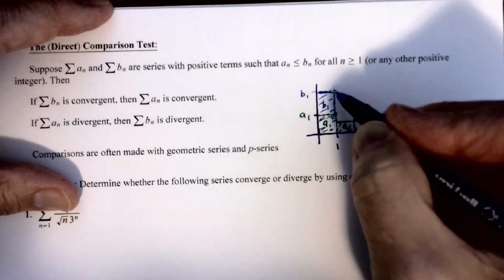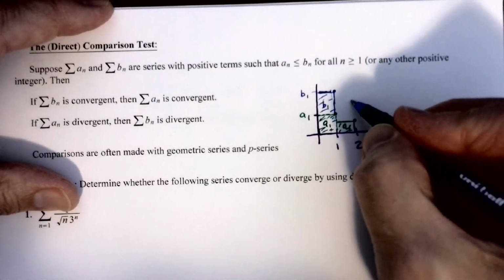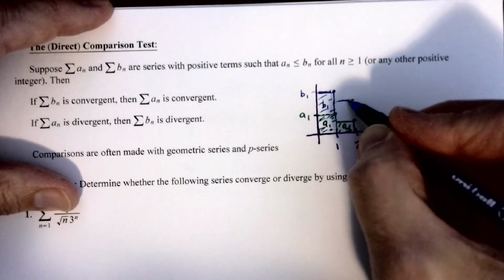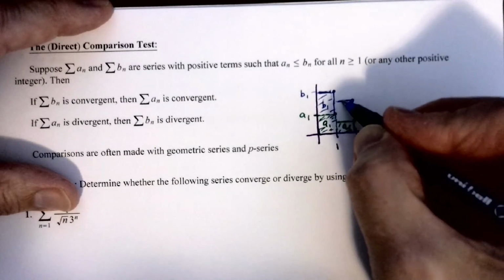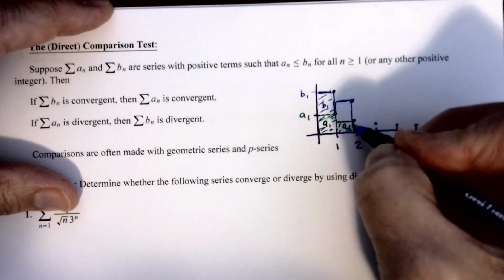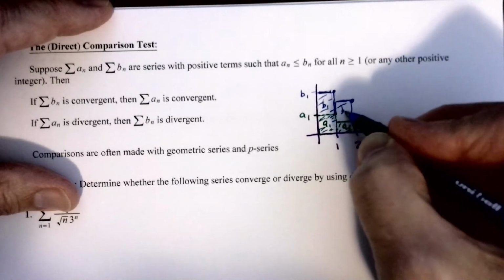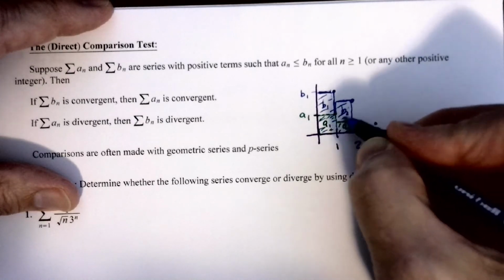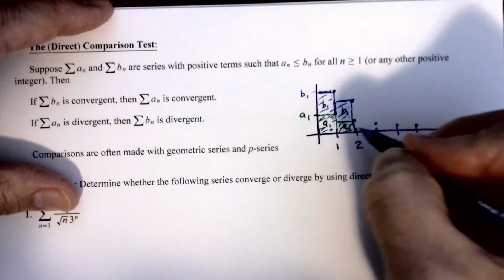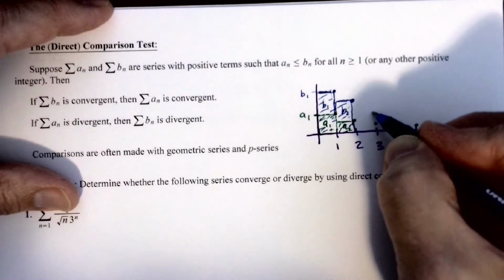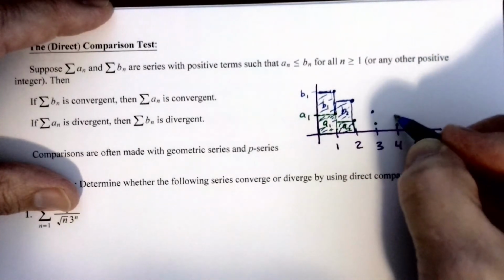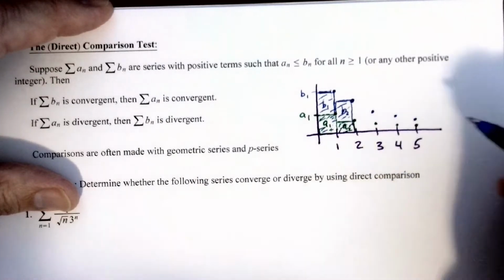And then maybe b sub 2 is here, and this rectangle represents the value b sub 2, because the width is 1. And so on. So maybe here's b sub 3, b sub 4, b sub 5.